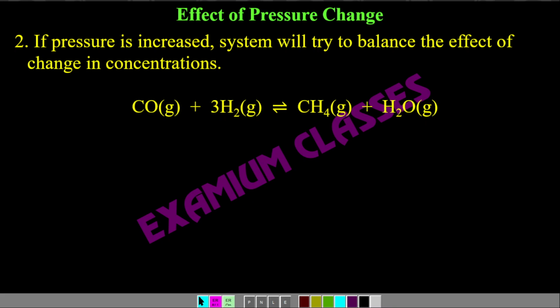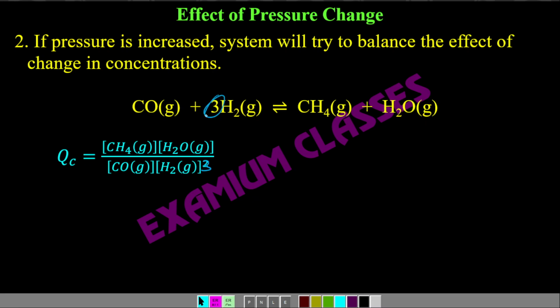We can understand it in a different manner also. If pressure is increased, the system will try to balance the effect of change in concentrations also. How? Understand it. For that, we know that Qc for this reaction is given by the products' concentration divided by the reactants' concentration, raised to their stoichiometric coefficients. It should be 3 here.